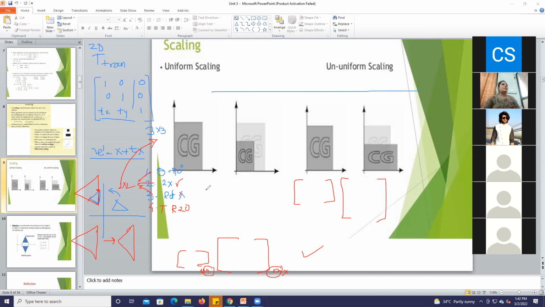आता साधं आपण काय करतोय, हा एक पॉइंट आहे A. A चे कोऑर्डिनेट असतील 10,10. आणि जर या A पॉइंटला जर तुम्हाला ट्रान्सलेट करायचंय, तर ट्रान्सलेट करायचं असेल तर काय असतं?